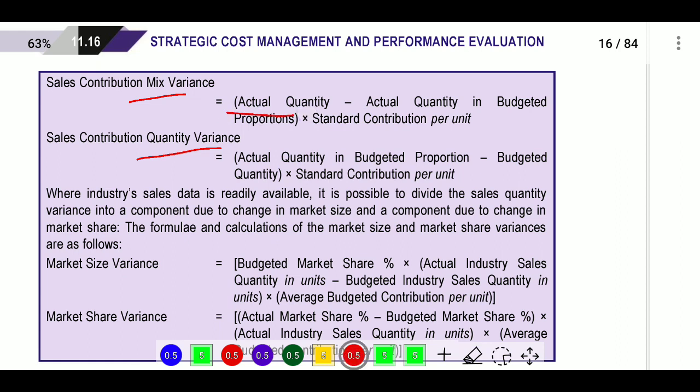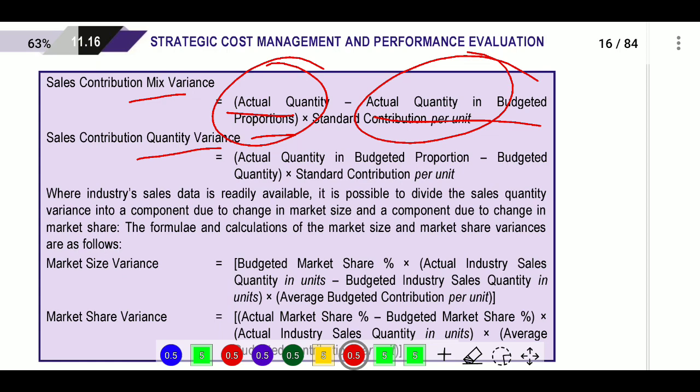What is the actual quantity in budgeted proportion? If we take 9 lakhs quantity for sales and the actual is 1 lakh, we first take the actual quantity, and if we budgeted for 90,000, we take the actual quantity in that proportion, and price into price means always standard price.